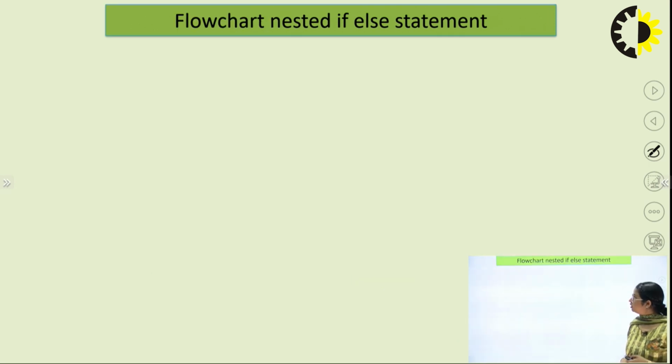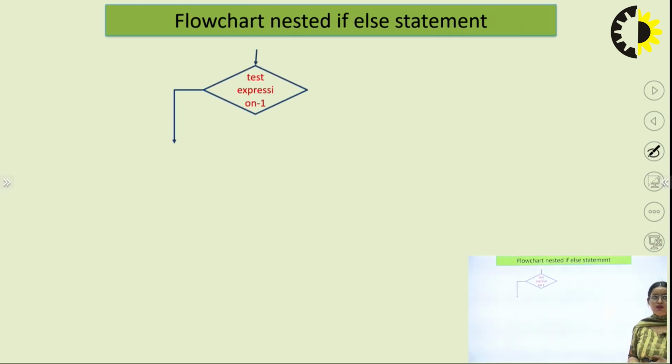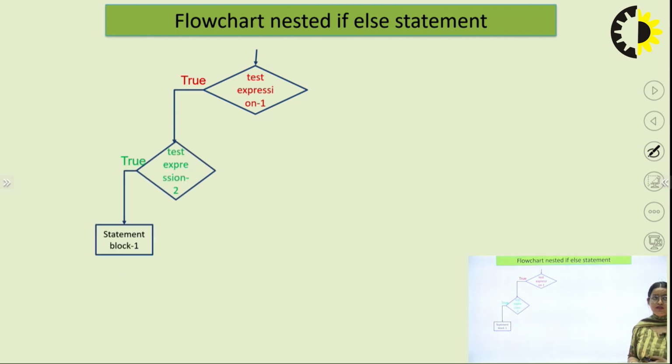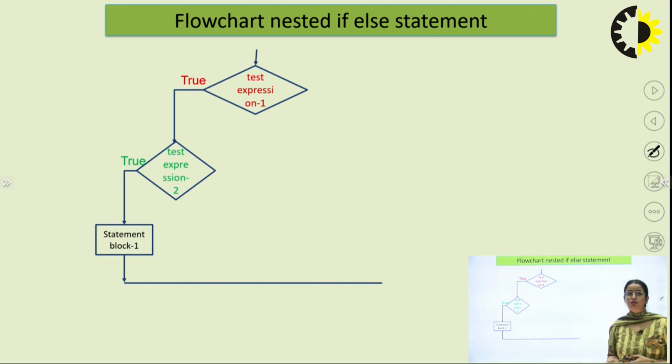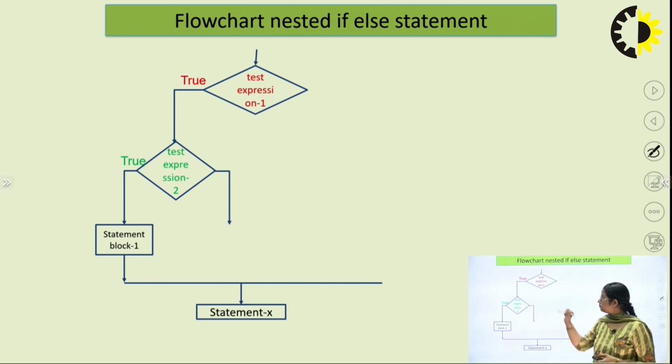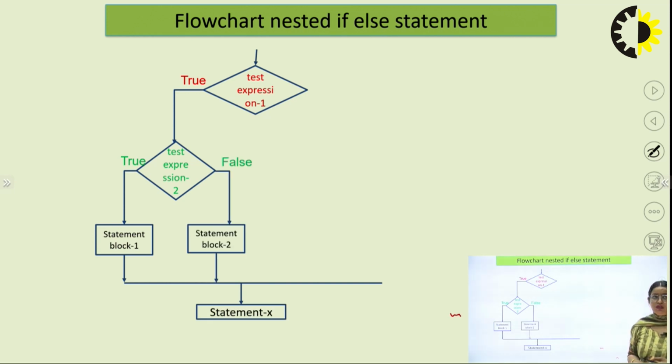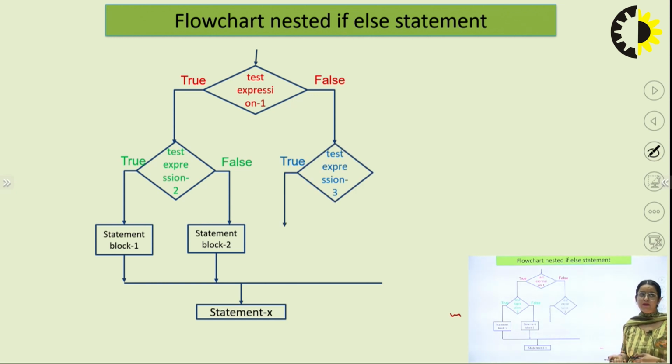Okay, so here is the flow chart of the nested if else. It is also known as a multi-way decision making statement. Why do we call it multi-way? Because we are taking multiple expressions here. In a simple if and if else, we have a single expression, and with that single expression we test the condition.